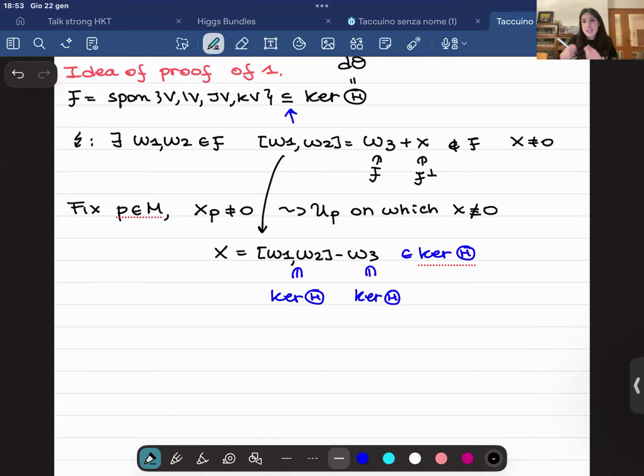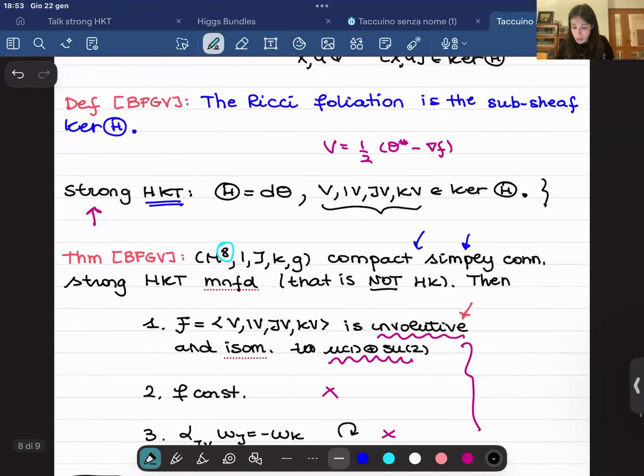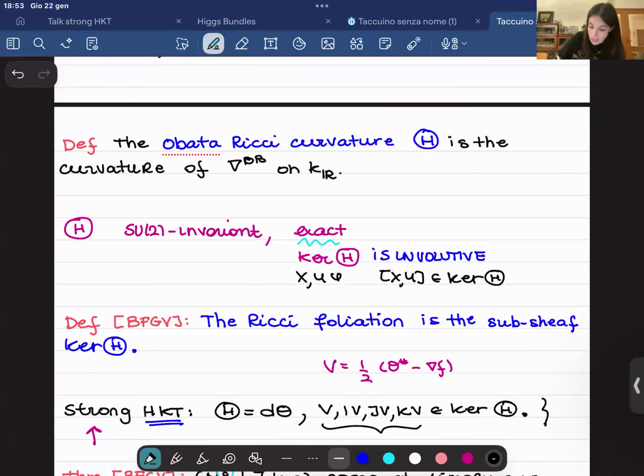But X is linearly independent from V, IV, JV, and KV. And here, I may use the general property that Theta is SU(2) invariant. So if X is in its kernel, also IX, JX, and KX should be.